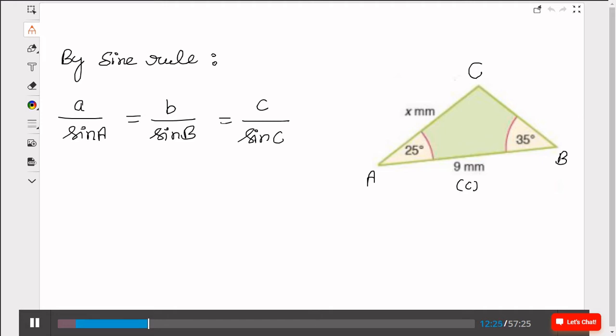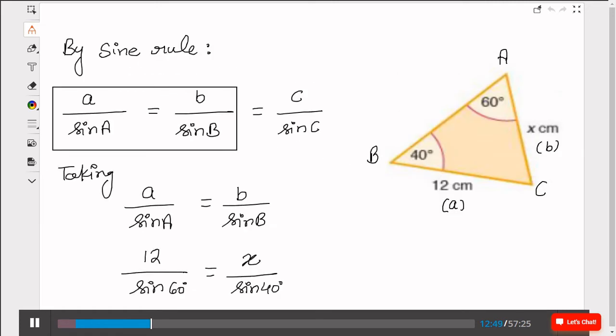Now, even if you just try to see what values are given to you: small b you need to deal with, angle B is given, angle A is given, and the side c is given. Just like in the previous question, we have to keep two fractions together. Now what do you think?